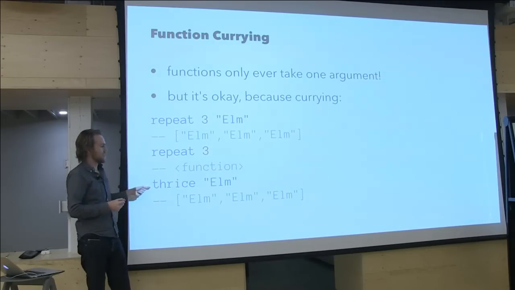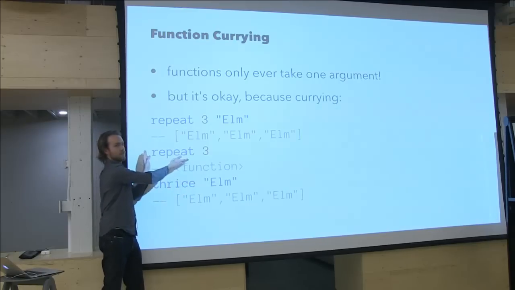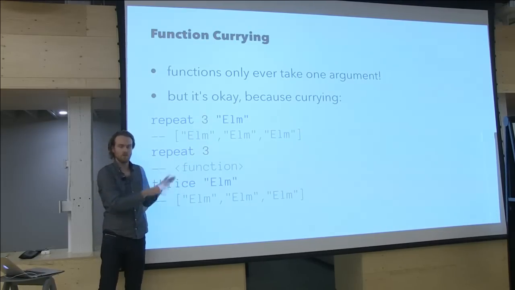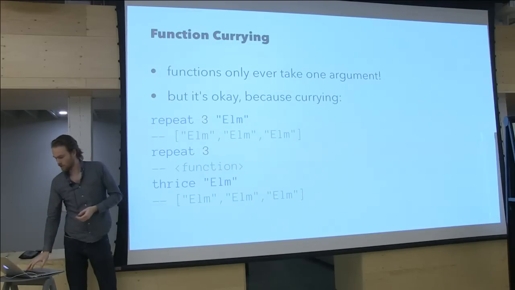If you say thrice equals repeat 3, then you can say thrice Elm, and that's now a function which will repeat something 3 times. So that's how that works. If you're not used to it now, you'll get used to it over the next hour.